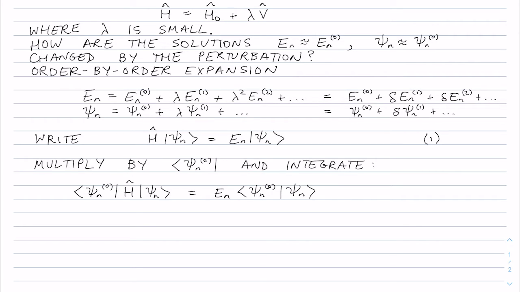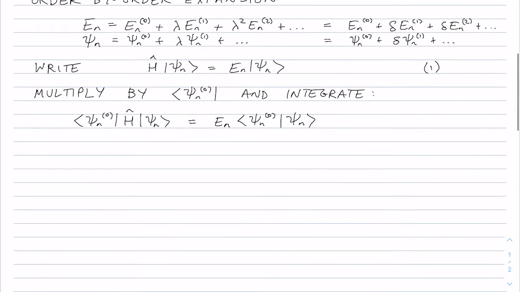So now what I want to do is actually expand the left-hand side a little bit more. So expand the left-hand side as psi n 0, H naught plus lambda V, psi n, and now I want to apply the H naught to the left.